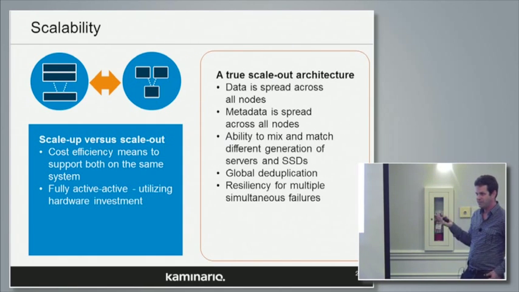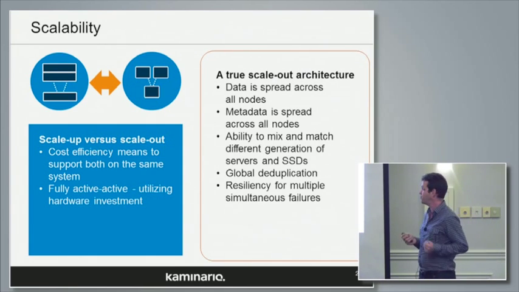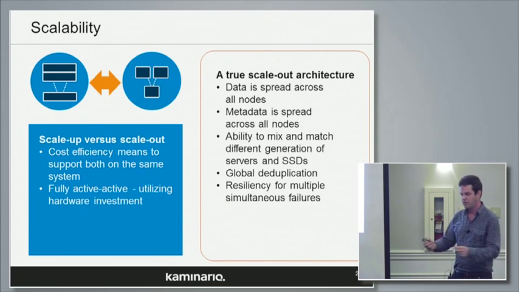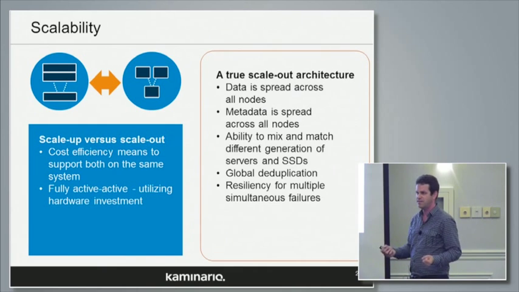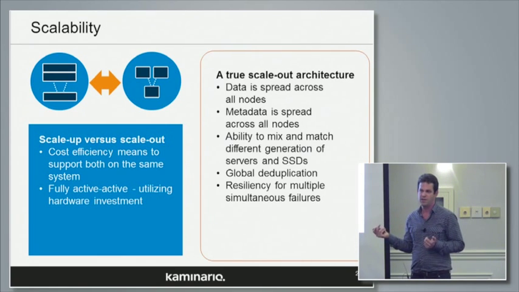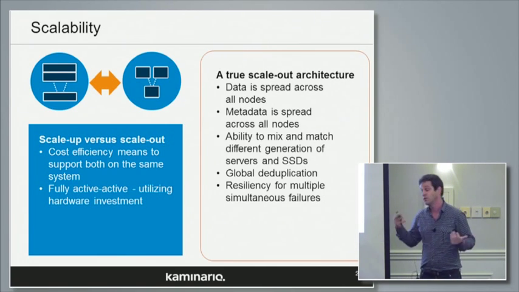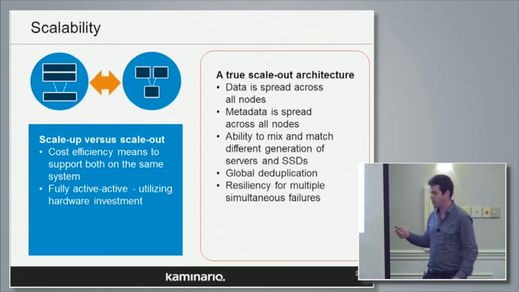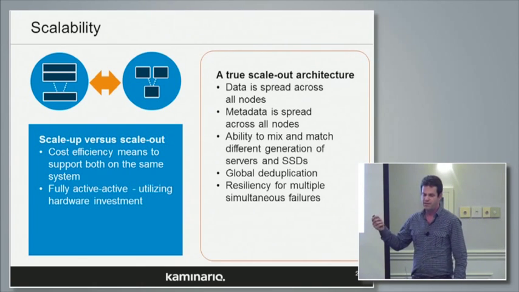Global deduplication is, of course, a must for efficiency, and resiliency for multiple failures. So if you are pulling 2 SSDs on each shelf simultaneously, the system continues to run without any performance impact. You can have a single node failure in every block, and the system continues to operate.